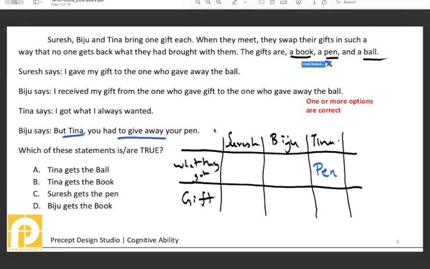Book or ball is somebody else's. Suresh gave his gift to the one who gave away the ball, which means Suresh could not have got the ball, which means Suresh, when he came to the party, had the book with him, and Biju had brought the ball with him.